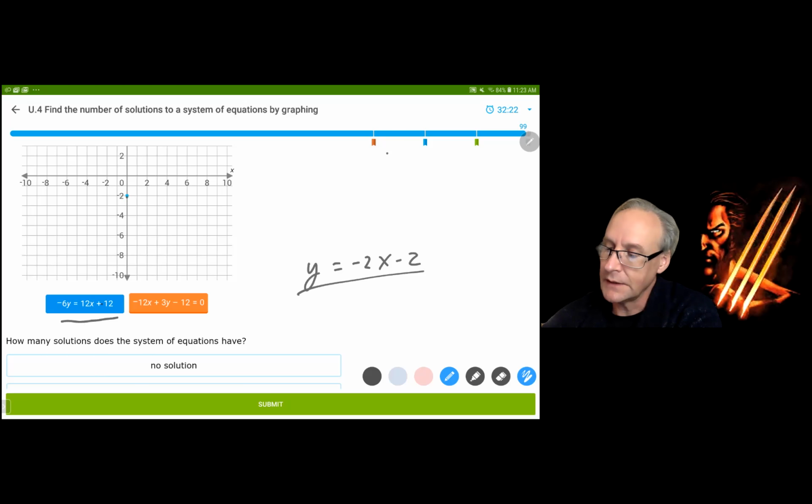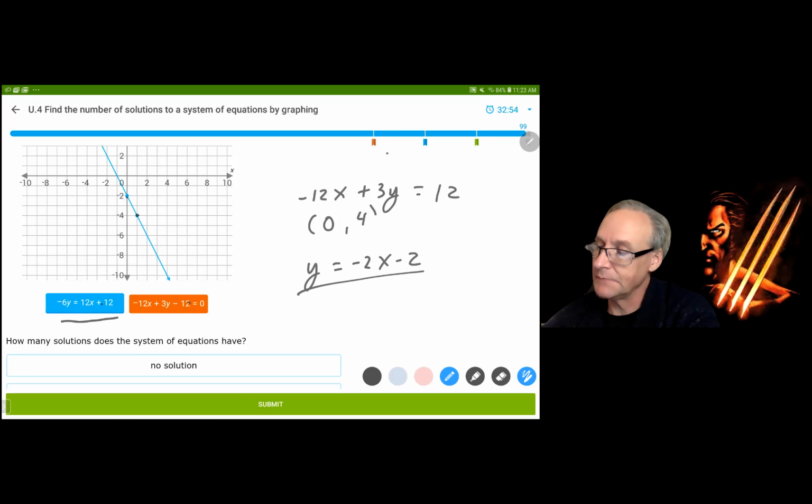Not too bad. Now this one, there are lots of ways to go. I could leave it like it is. It's probably better to add the 12 to both sides. So I'm going to write -12x plus 3y is equal to 12. I just added 12 to both sides. Now I'm going to write my intercepts. I have 0 for x gives me 4 for y, doesn't it?